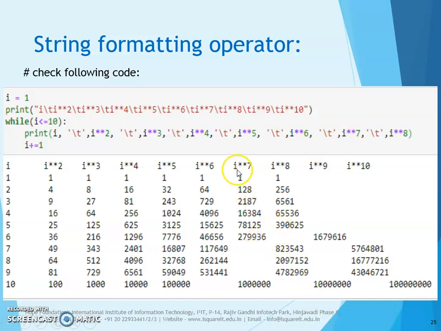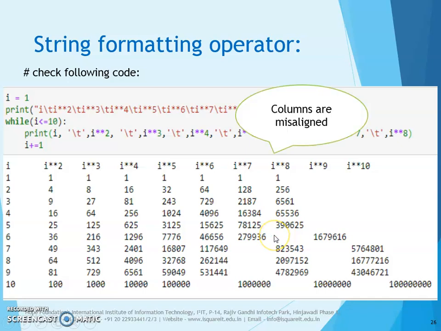This data, i raised to 7, is written over here. So after a tab space, it is shifted to the right-hand side. Actually this data should be at this position. This means that by using only tab spaces, these columns are misaligned. Same way these 3 columns are shifted here. This data is again shifted.